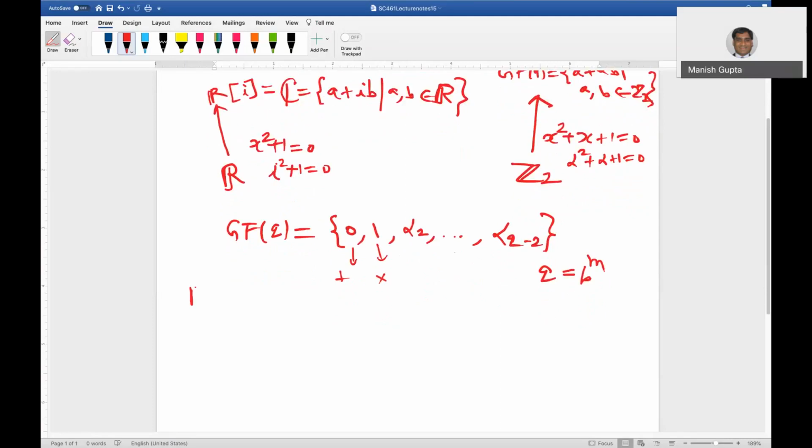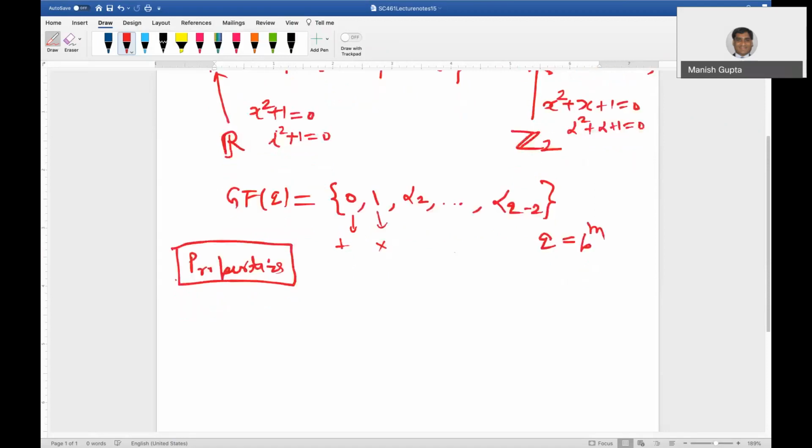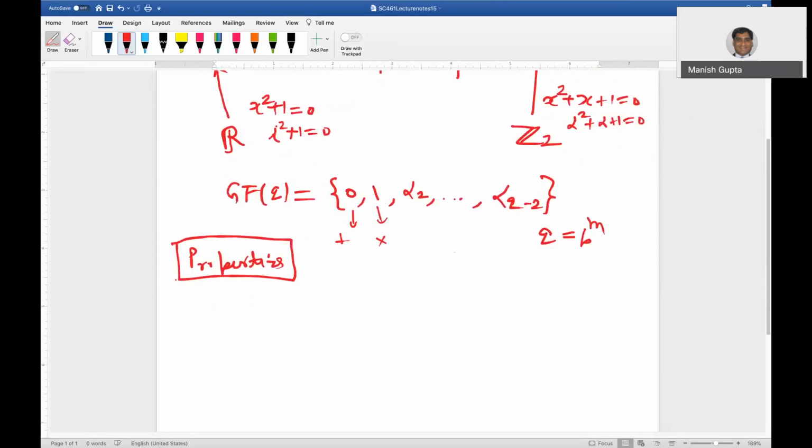So now we are going to look at some properties of finite fields. So let us take beta to be a non-zero element of GF(q), the field with q elements. Note that sometimes we also denote it by F_q or GF(q).